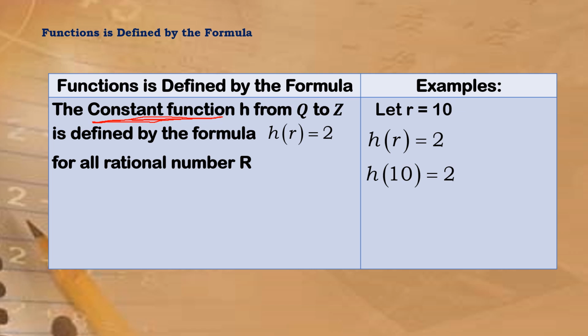Even though we have the value of r which is 10, if the constant is 2, then h of 10 is equal to 2. Still the same answer because of the word constant.